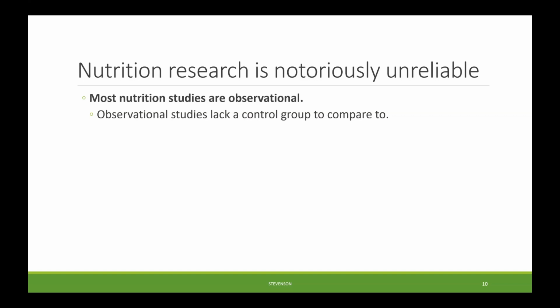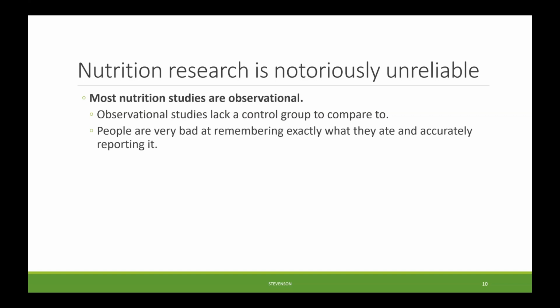One major problem with this type of setup is that people tend to be very bad at remembering exactly what they ate and accurately reporting it. So, researchers get a lot of inaccurate data for observational studies like this because people simply don't remember, for example, how many times they ate a salad last month or how many times they ate fast food last week.